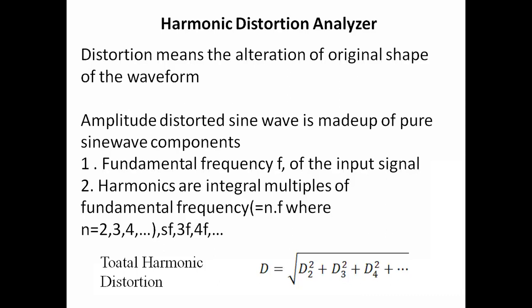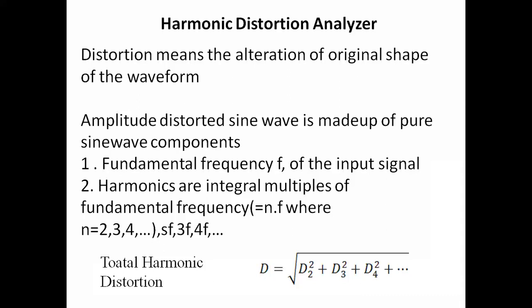Suppose an input sinusoidal signal is applied. The output should be a sinusoidal signal, and the signal has a fundamental frequency and its harmonics. Any periodic waveform is a combination of a fundamental frequency component and its harmonic components.